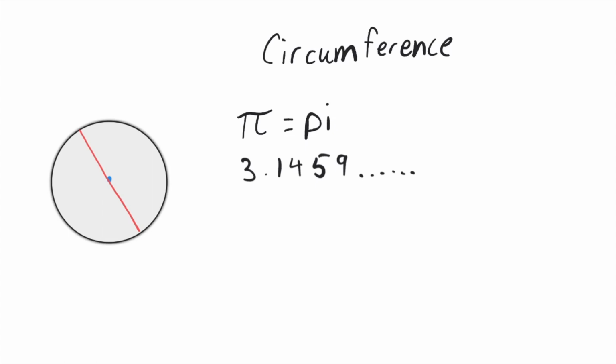So because we know that the diameter and pi have that relationship with circumference, we can actually simply do pi times our diameter.